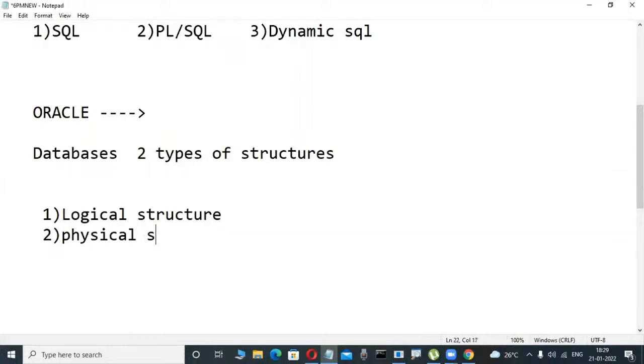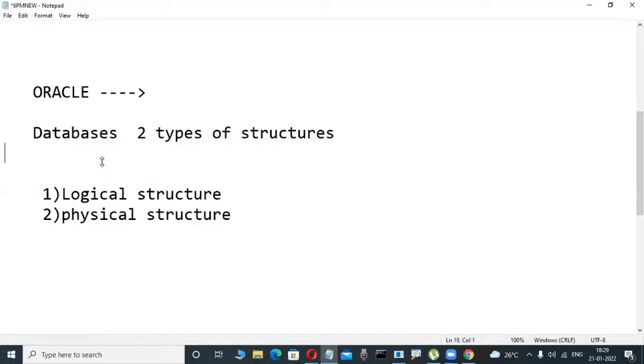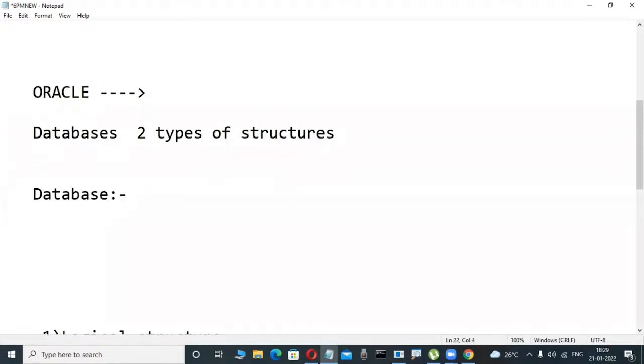Before we tell what the logical and physical structures are in these database software, just the database definition. In books, so many people write it like this. Today at least you will understand. What does database mean?